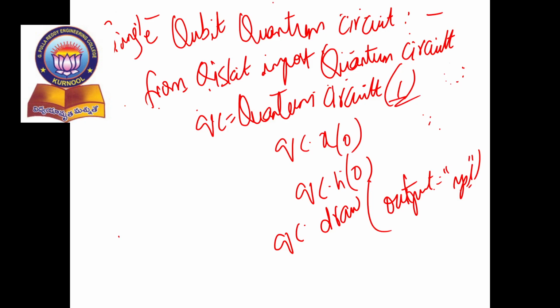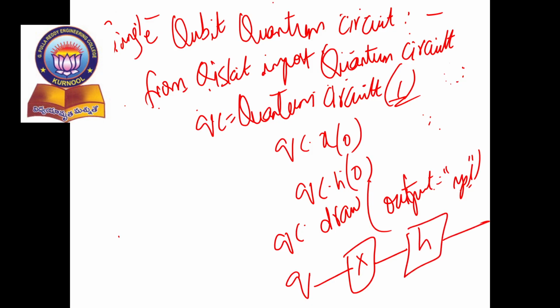As we mentioned, only one single qubit, we get it as Q. We included the X gate, we also included the H gate. So this will be the output.